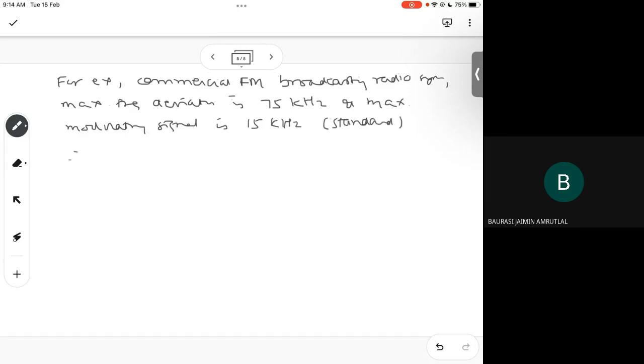Therefore, in this case, your DR, which is given as delta over FM, where this is my delta and this is my FM, turns out to be 75 kilohertz over 15 kilohertz.